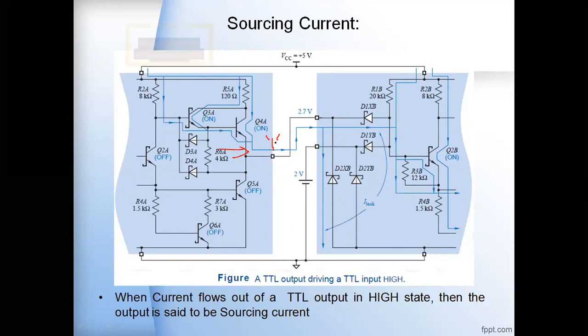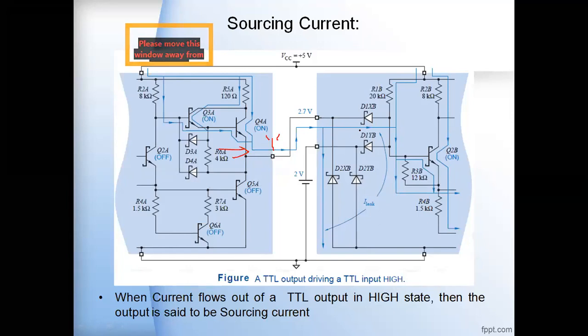But since the output of TTL1 is at logic high state, and this is connected to the cathode terminal of D1XB, this high state voltage causes the D1XB diode to be reverse biased here.